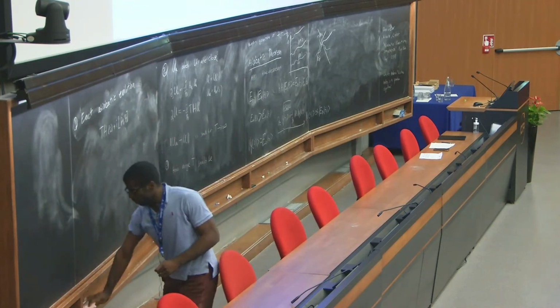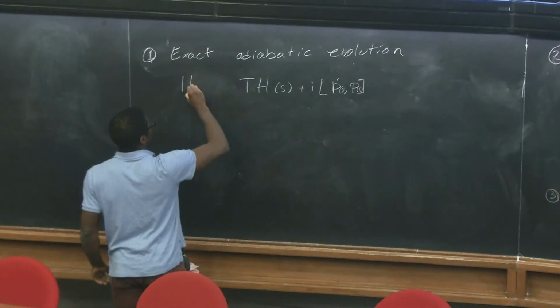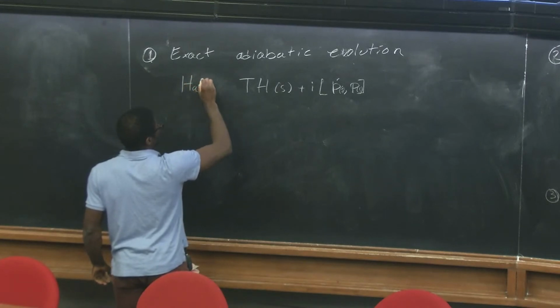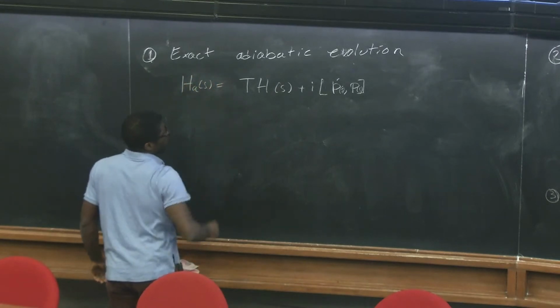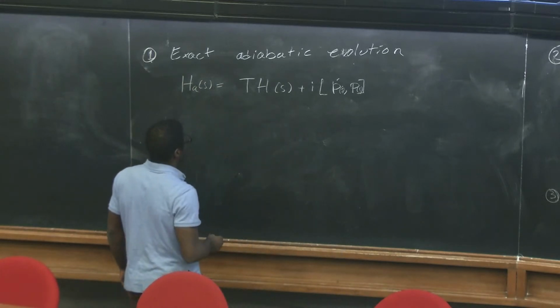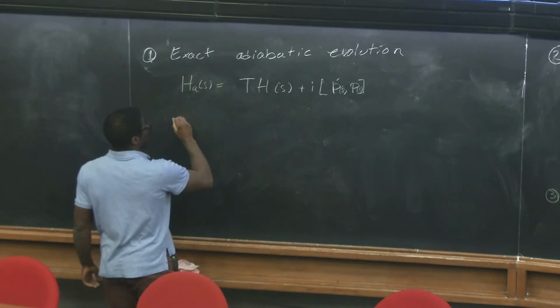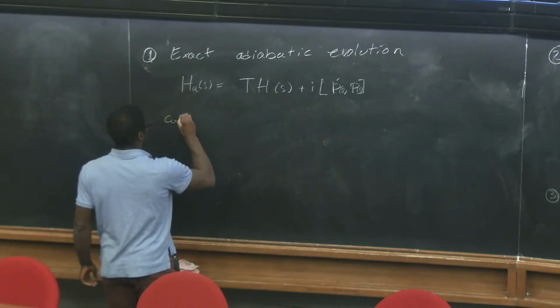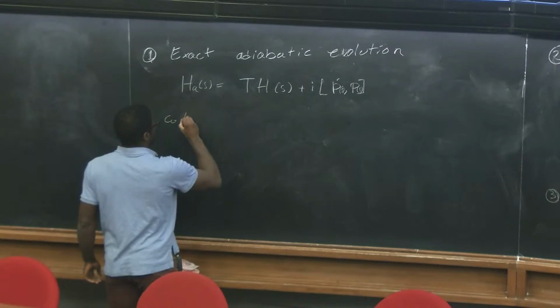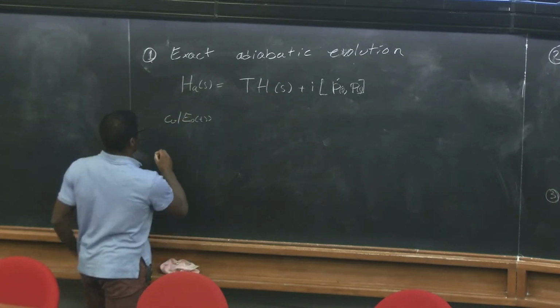So I'll look at the first step. And we say that this is going to be our H of S. Okay? And the idea in this first step is to show that this satisfies the Schrödinger equation. So let's write that explicitly.